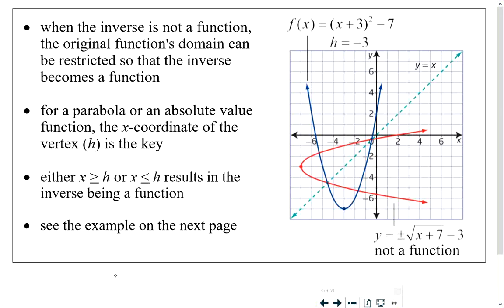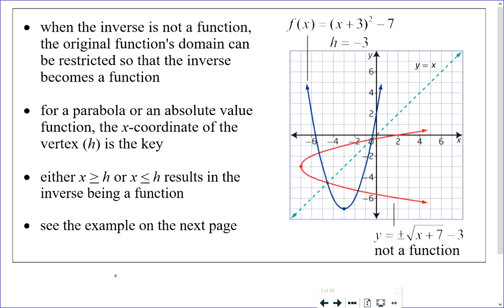So if you were ever asked for a domain restriction on an original graph, so the inverse is a function, in this case where there's a parabola, you have to use your ability, because you're given permission to do this in this question. Use that permission to erase 1/2 of the original parabola.